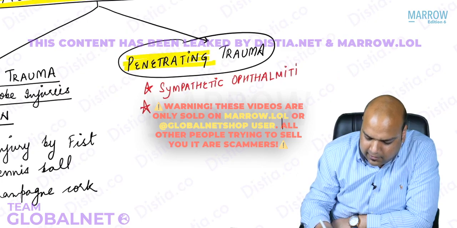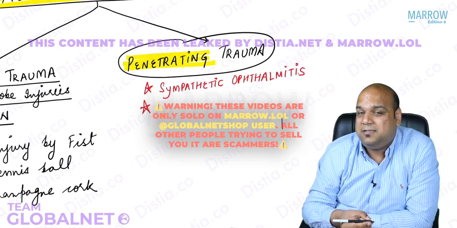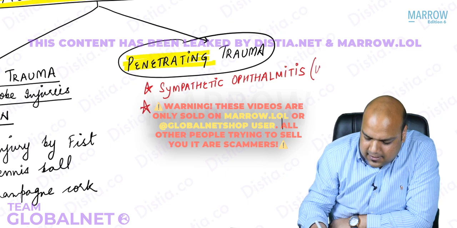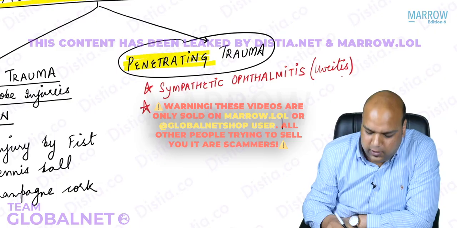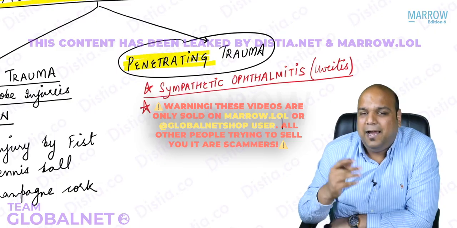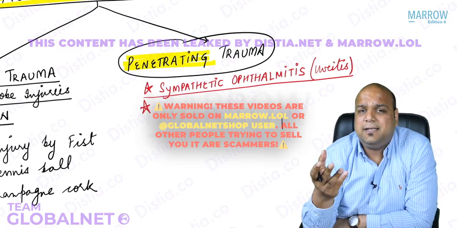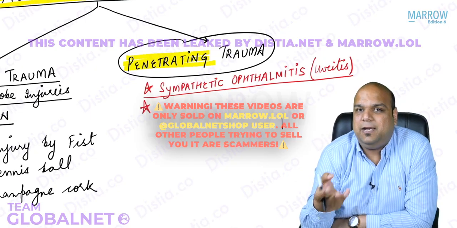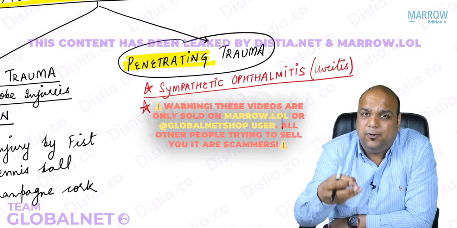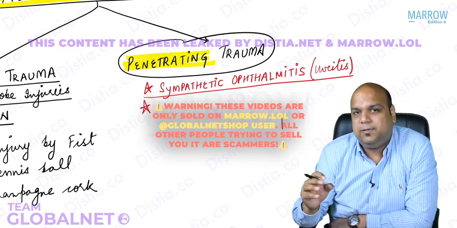Short notes are asked in our MBBS first examinations. Yes, this has been discussed in detail in the uveitis chapter. If you have followed the videos, you already know. If not, please remember, I have taught sympathetic ophthalmitis as a part of uveitis. Because at last, what is sympathetic ophthalmitis? It is pan-uveitis. Yes or no? Penetrating trauma leading to pan-uveitis, sympathetic ophthalmitis.